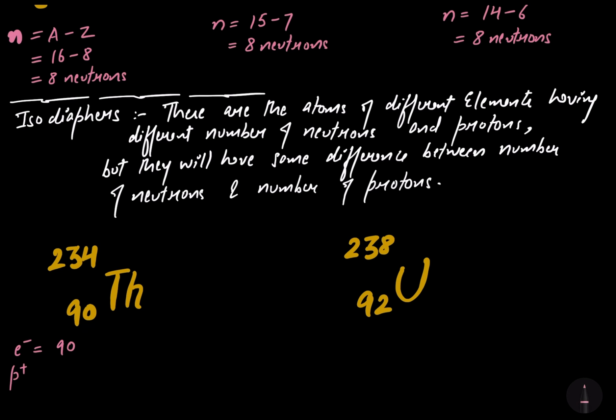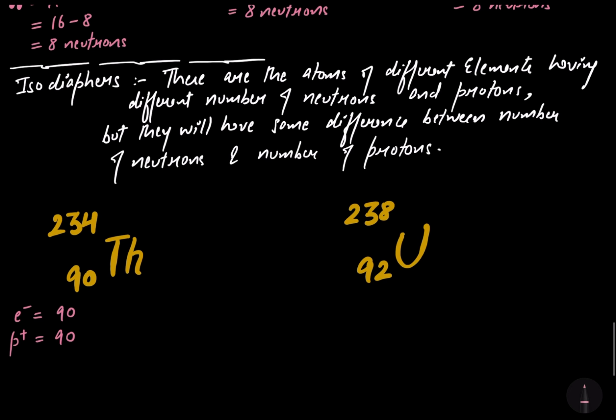Number of protons will be again 90. And number of neutrons comes out to be 234 minus 90, which is 144.